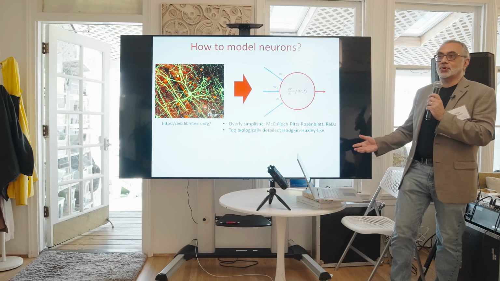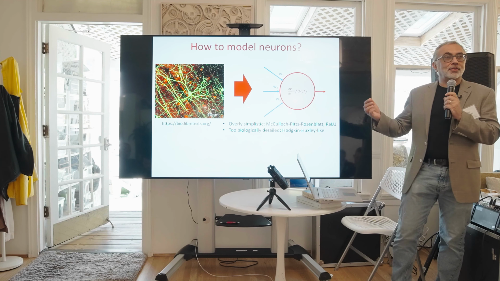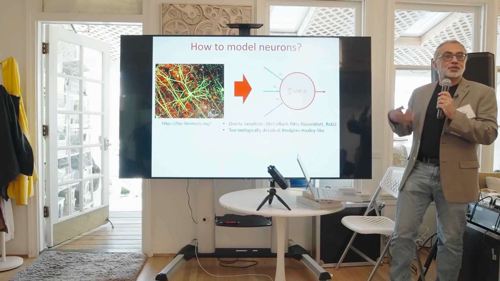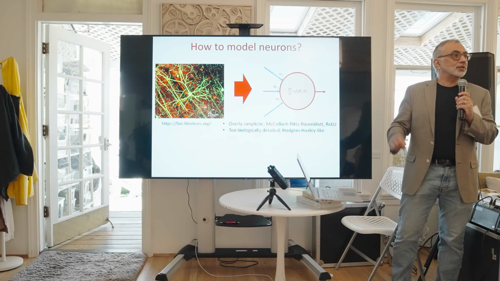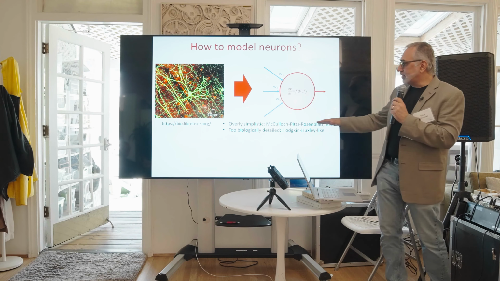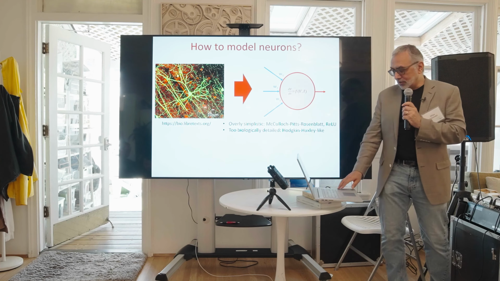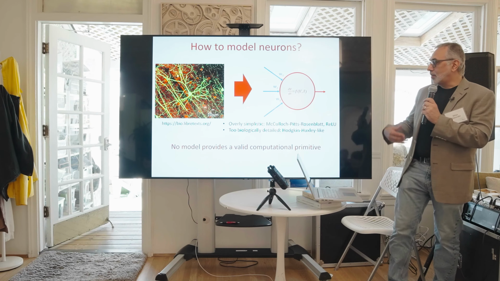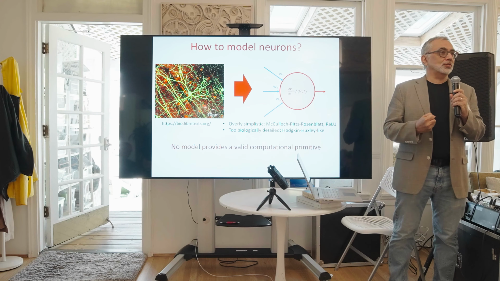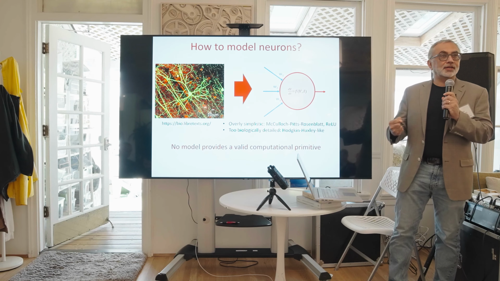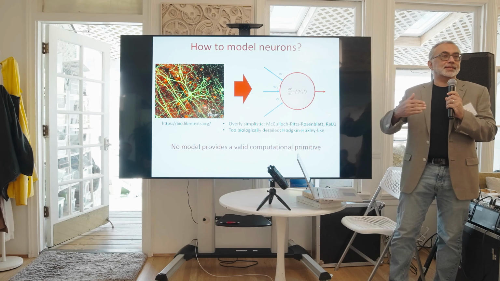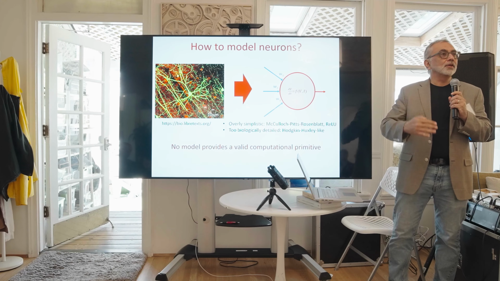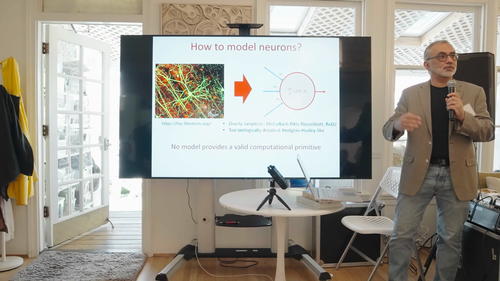The problem with which is, of course, they try to capture the firing of neurons, but there are so many free parameters that cannot all be measured that you have to fine-tune them, thus losing generalizability. And of course, there are intermediate level models, but the point I'm trying to get across is that no model provides a valid computational primitive of what a neuron does on the level that, say, logical gates provide a computational primitive for semiconductor electronics, for transistors.